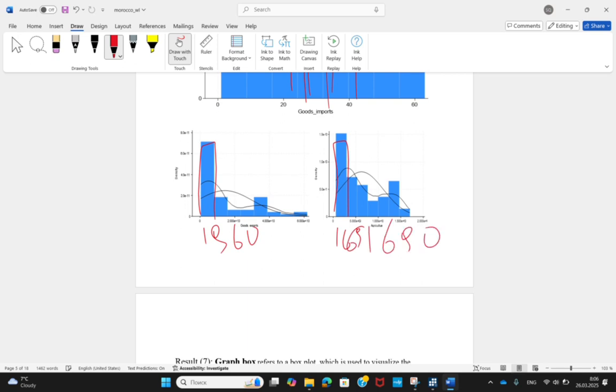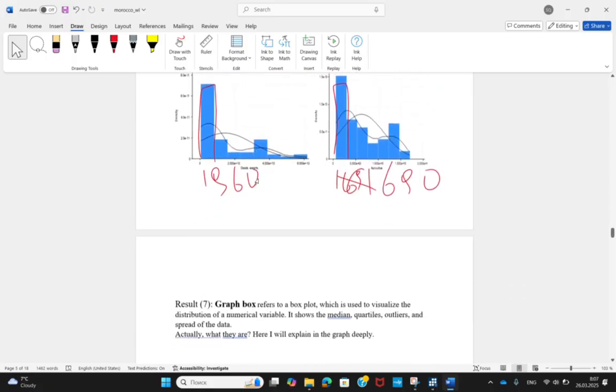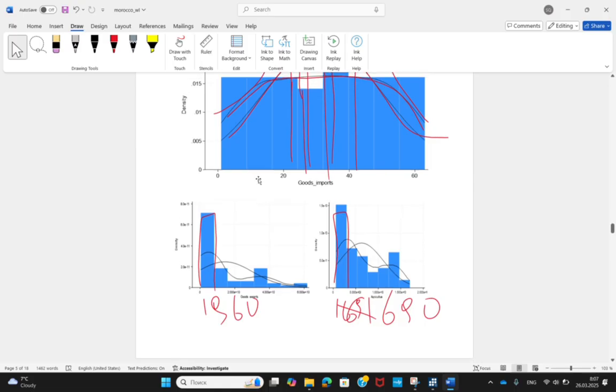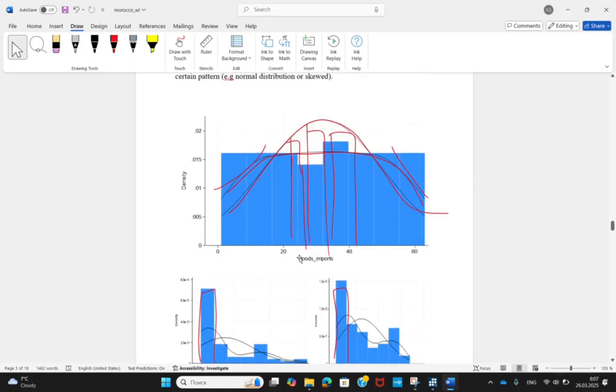It's skewed to the left side. Here is the problem. There is a problem in exporting goods, but importing goods is close to normal distribution.